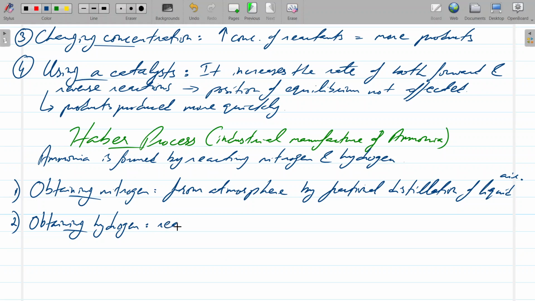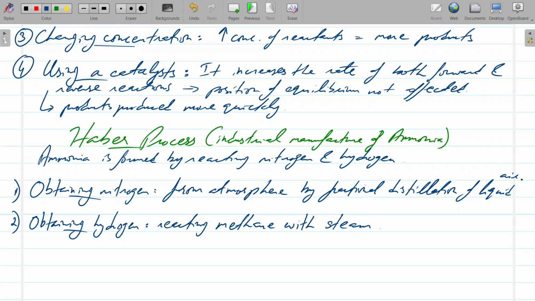And so you are reacting methane, which is something we have come across in the chapter on fuels, with steam. That is gaseous water, hot gaseous water, not just gaseous water. And that in itself is a reversible reaction.